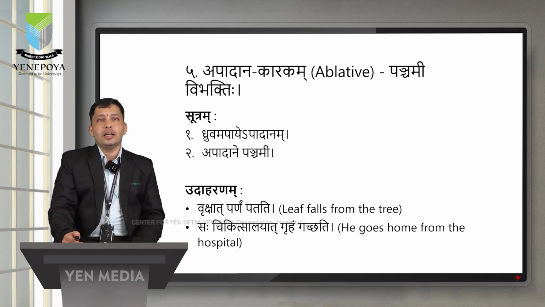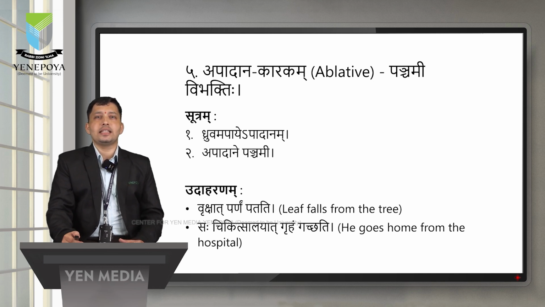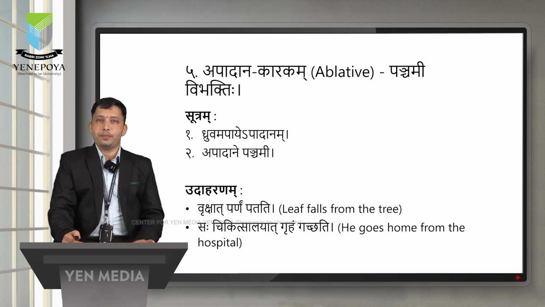So the word which represents standing still or constant will get Apadana Karaka, and the words which get Apadana Karaka always represent the Panchami Vibhakti, as the next sutra says, Apadane Panchami.